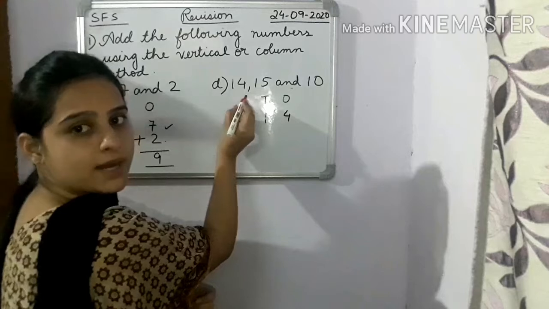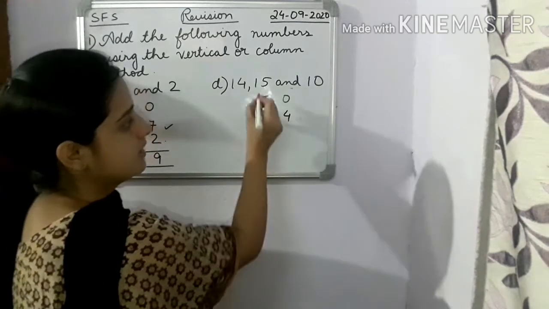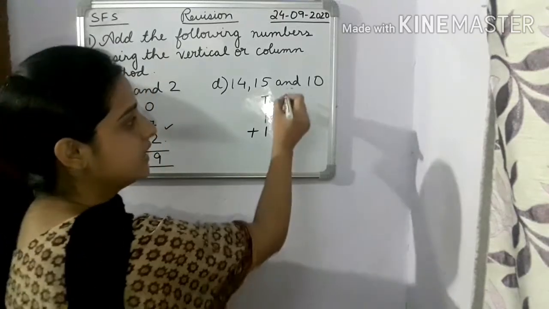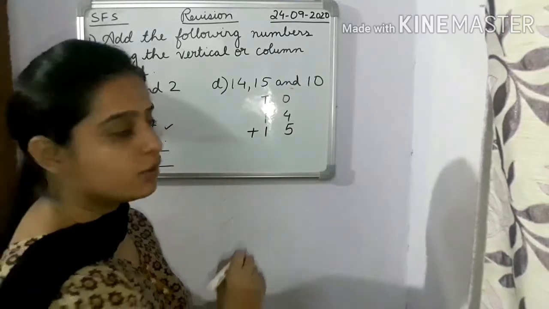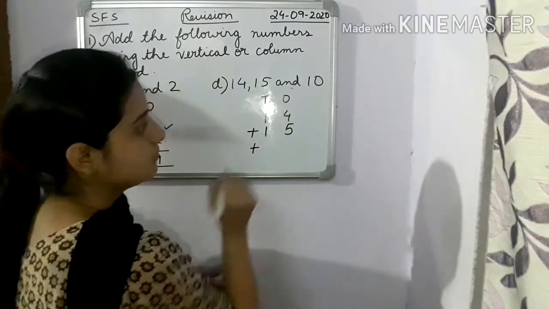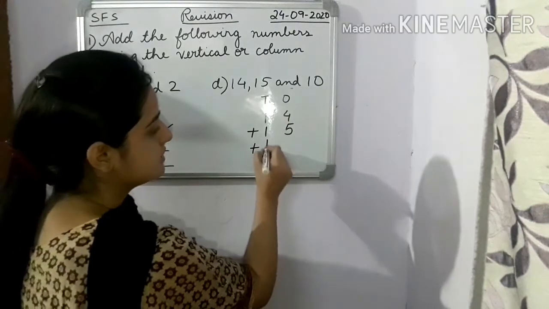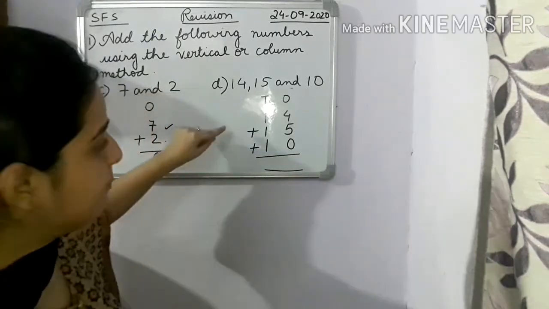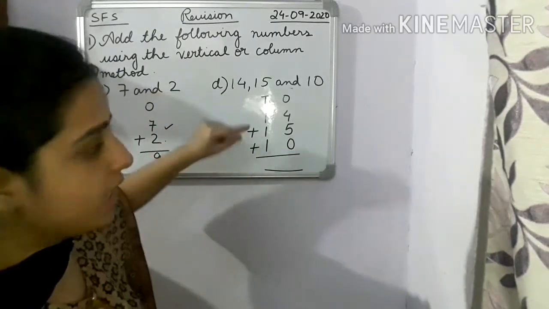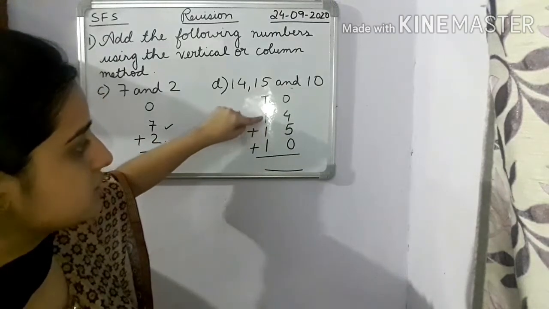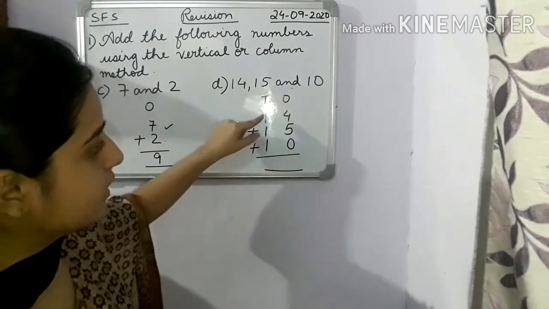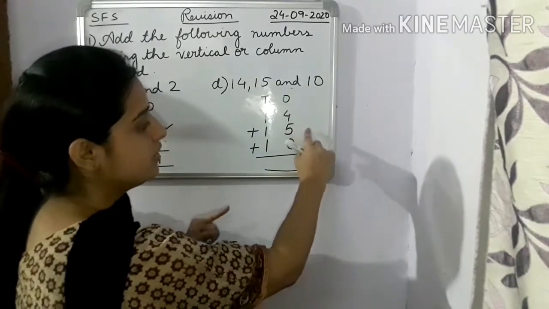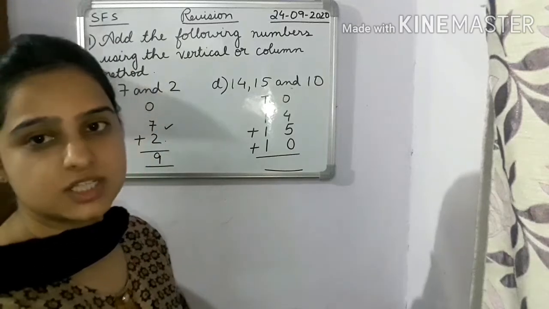In place of comma, children, we will write plus 15. Then in place of 'and' we are going to write again plus 10. Clear? Why did I put plus, children? Because we are going to add the first 2 numbers, and the answer which we get after addition of the first 2 numbers, we add with our third number.